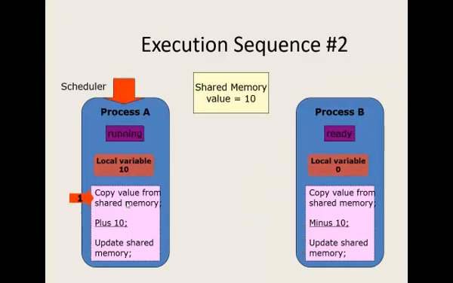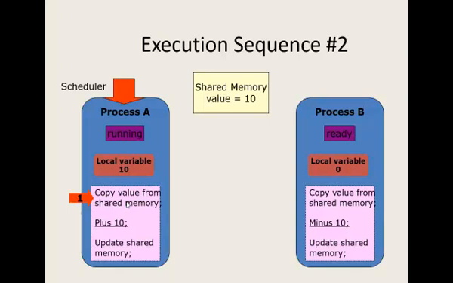Then we'll move to another sequence. Assume that the CPU is scheduled using round robin, because in round robin we have a time slice. When the time slice expires, the process will stop and give a chance to another process in the queue.